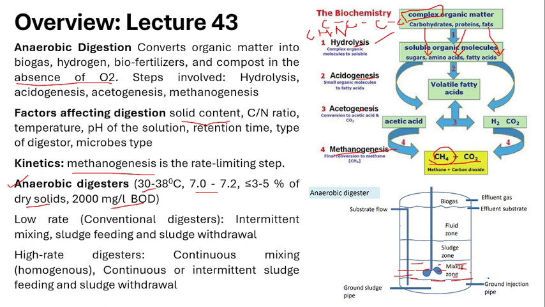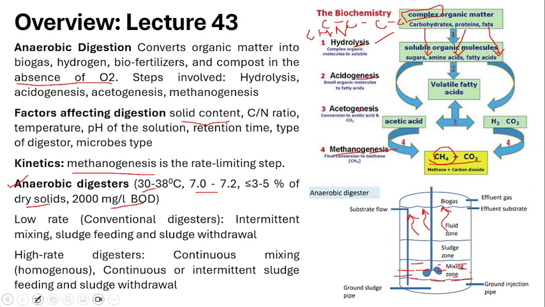And then there is a separation of fluid from sludge. The sludge will be at the bottom and the fluid at the top. Whatever gas is produced during anaerobic digestion will be present at the top of the digester. So the effluent gas and effluent substrate will be collected from the top of the anaerobic digester.